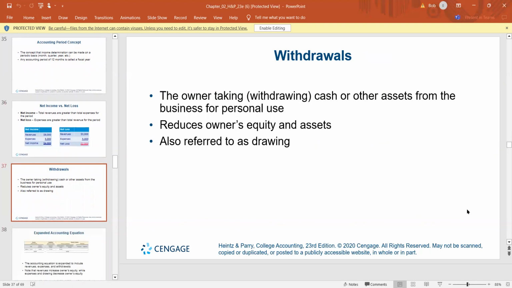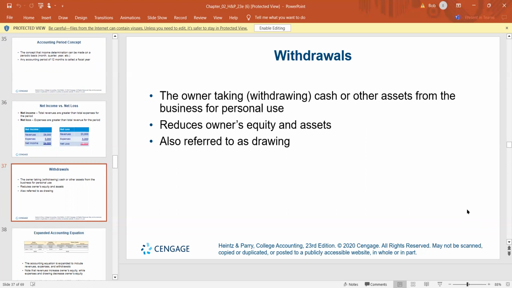Remember, I was talking about keeping the owner's business separate from the company's activity. We do it through withdrawals: the owner taking cash or other assets from the business for personal use. We call that a withdrawal or a drawing.